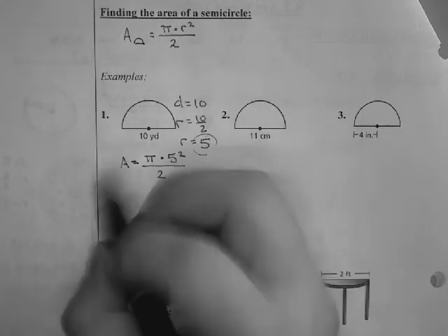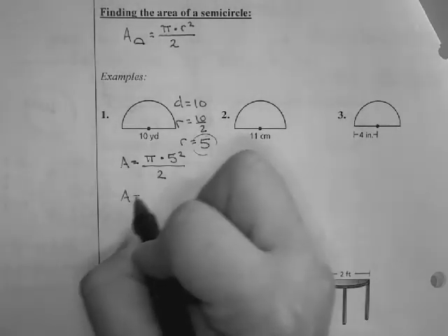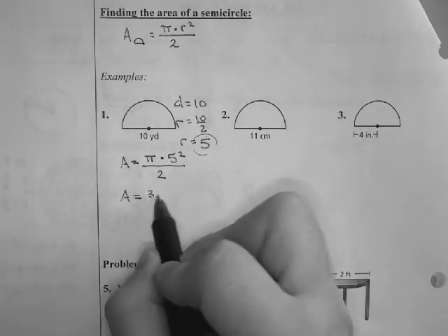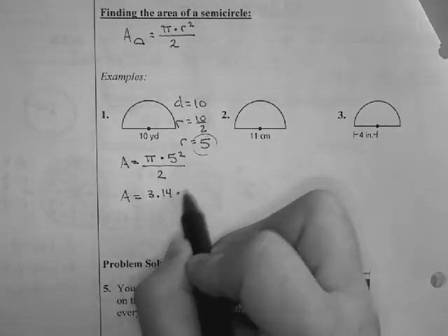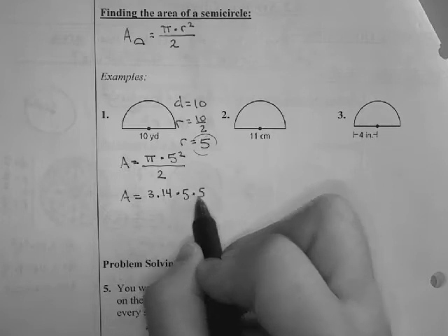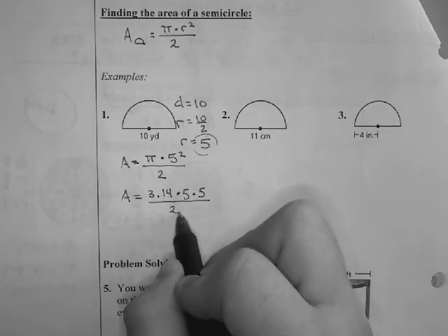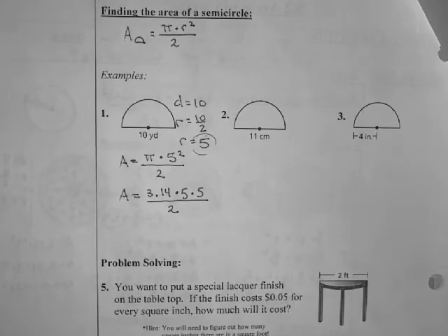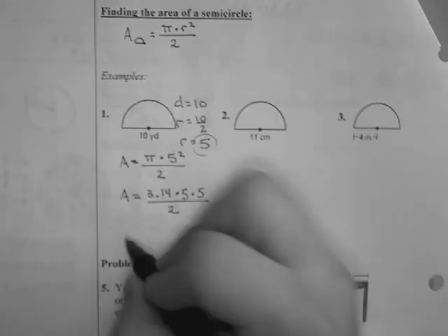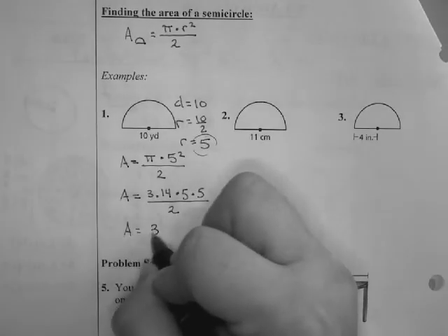I'm going to write out the 5 squared, so we have area is equal to 3.14 times 5 times 5, and then I'll divide this by 2. We'll plug this into our calculator. 3.14 times 5 times 5, and then I'll divide that by 2, and we'll get it is equal to 39.25.